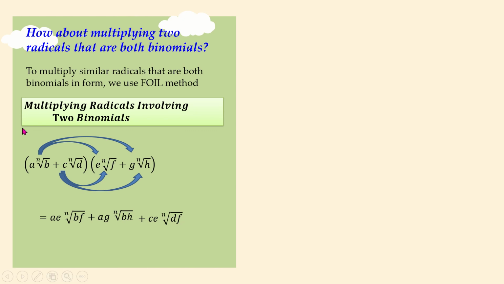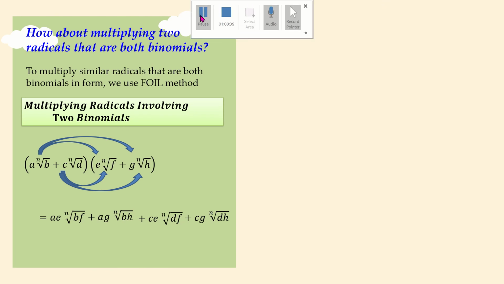Then lastly, L, last term times last term. So second term of the first binomial times second term of the second binomial. So C times G, CG, D times H, DH. So to go back, that is the process of the FOIL method: first term, outer, inner, and last.